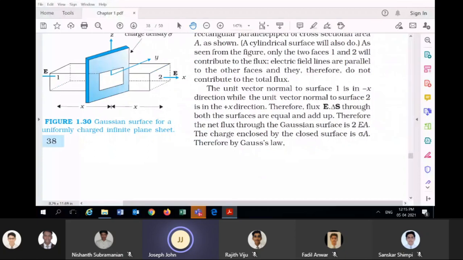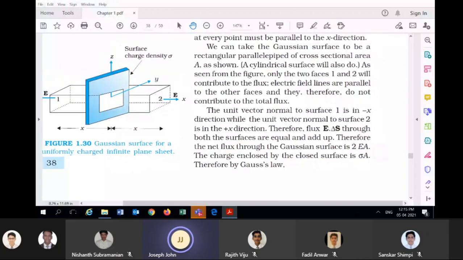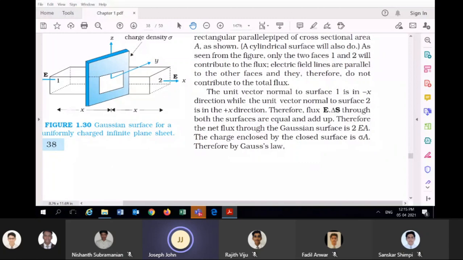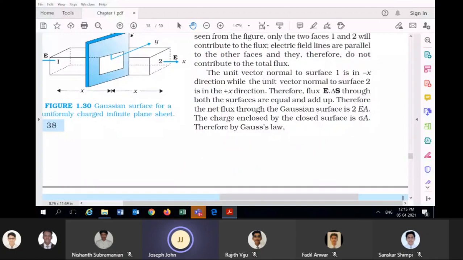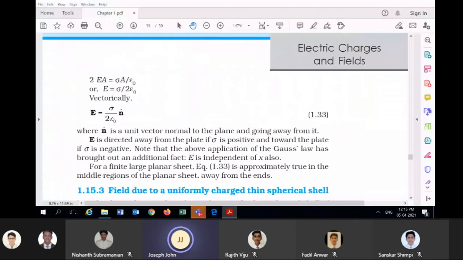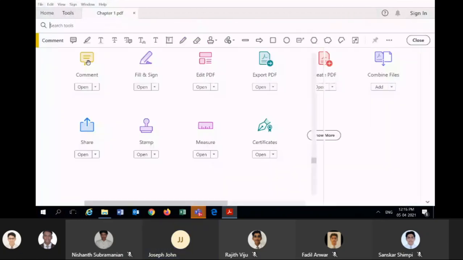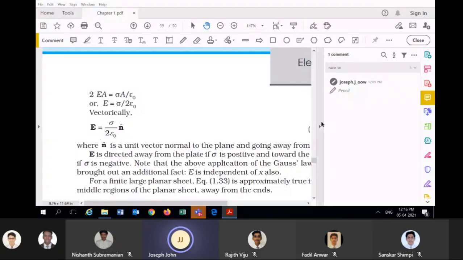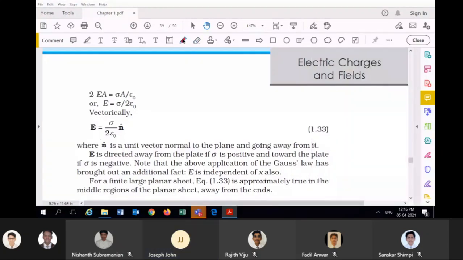Write down, the electric flux through the two surfaces is phi equal to E into 2A.